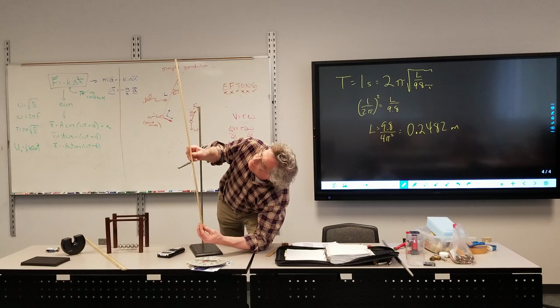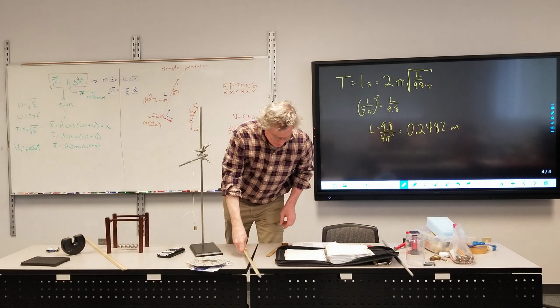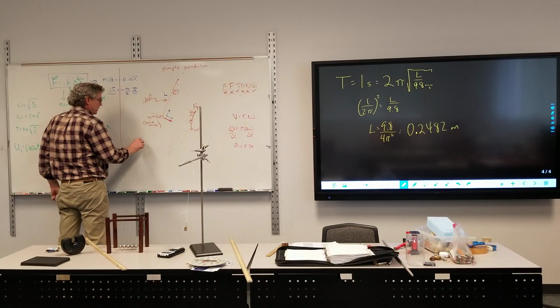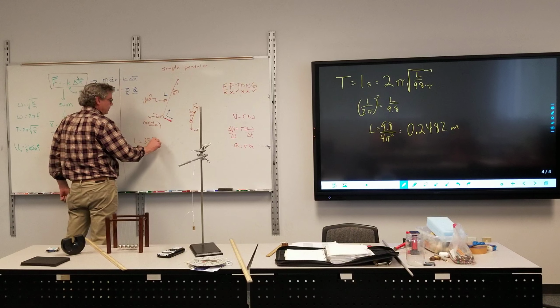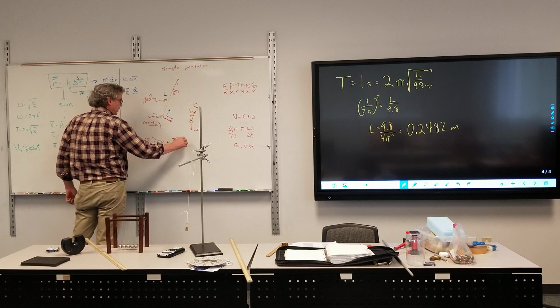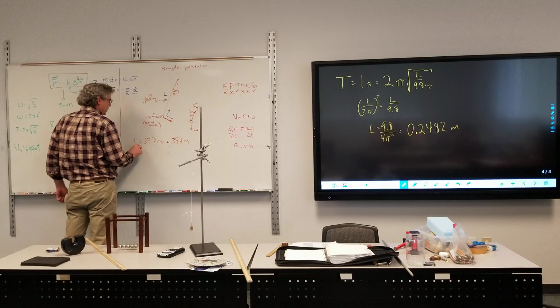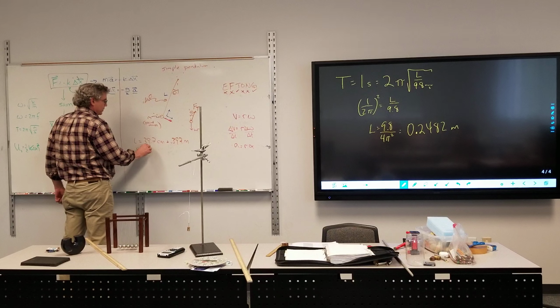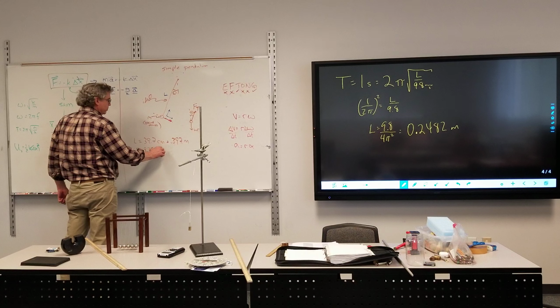So 39 point, looks like 39.7 centimeters. g, let's assume that we're going to nail this one, 9.798 meters per second squared.